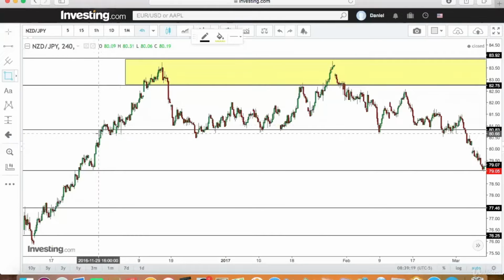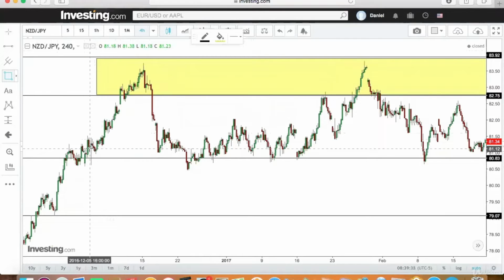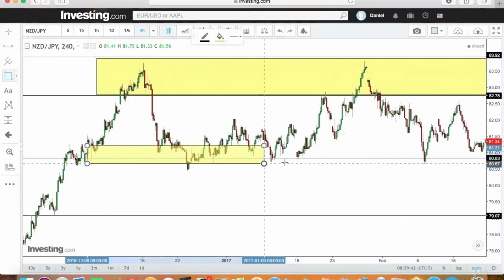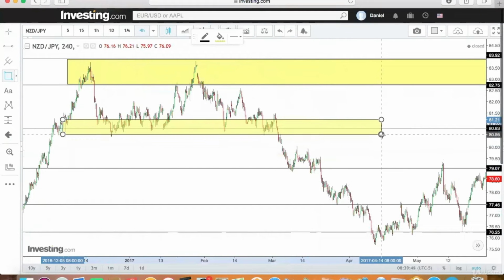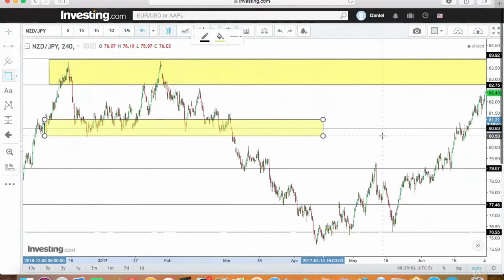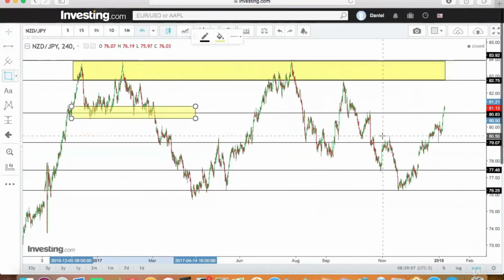So what you do is you want to find multiple wicks, like here, here, here, here, here, and so on and so forth. You find these wicks, and then you go to the top of that wick, or the biggest wick, or one of the longest wicks you can find, and you go to the top of that wick, to the body of your candle, and you mark that level off, making sure you try to grab some of the lower wicks to the downside in order to have a better range of price action.